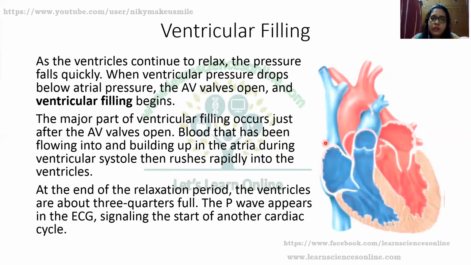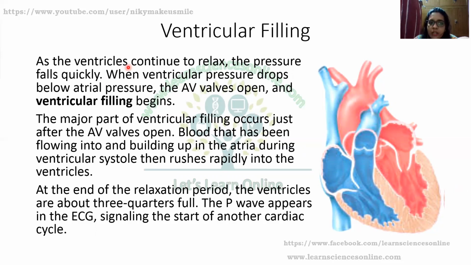After this, ventricular filling starts, because the pressure in the atrium surpasses the pressure in the ventricle, so these cuspid valves open, and then the blood starts filling from right atrium to right ventricle, and from left atrium to left ventricle.